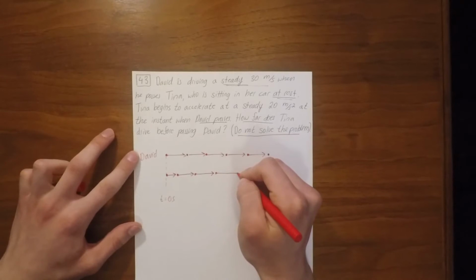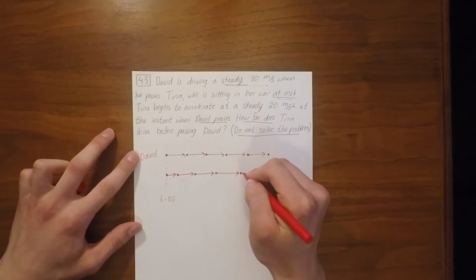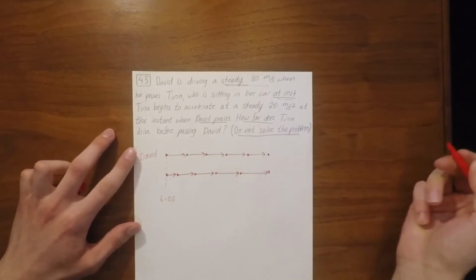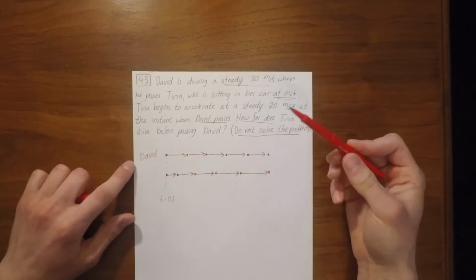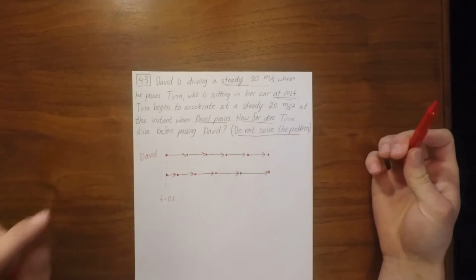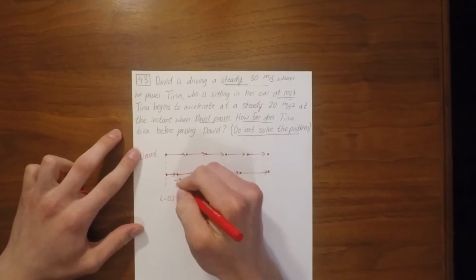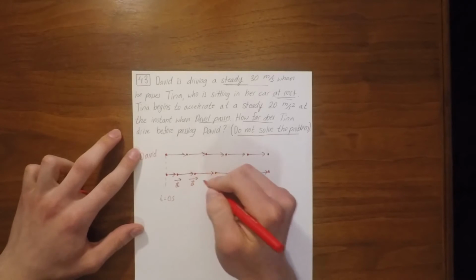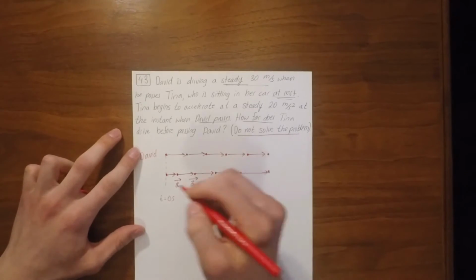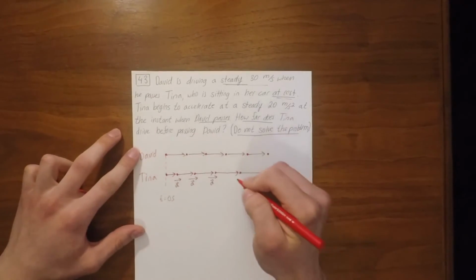Okay. And we are asked how far Tina drives before she passes David. I guess a good thing to indicate is that Tina is accelerating all this time. That's Tina. Alright.